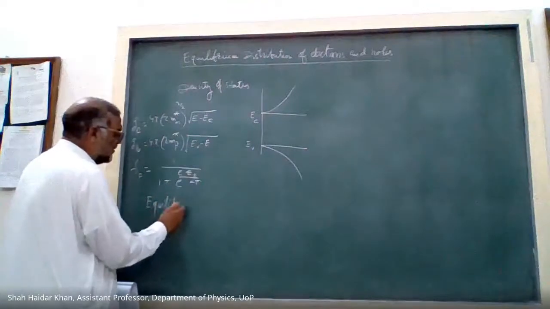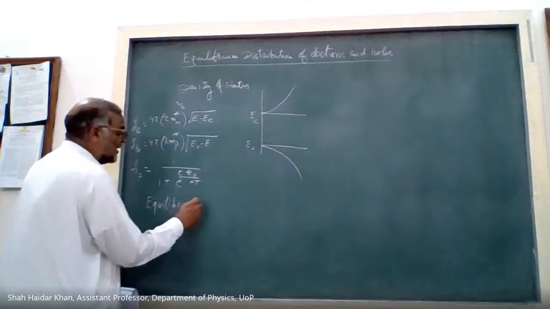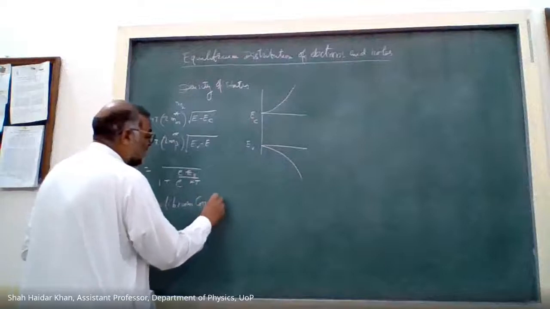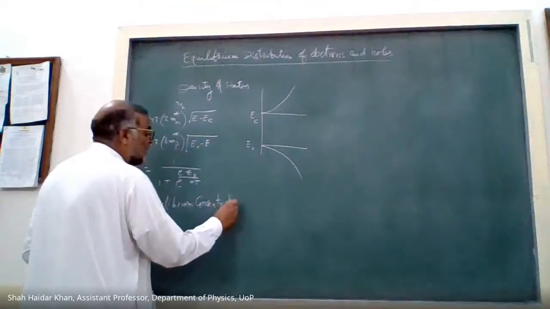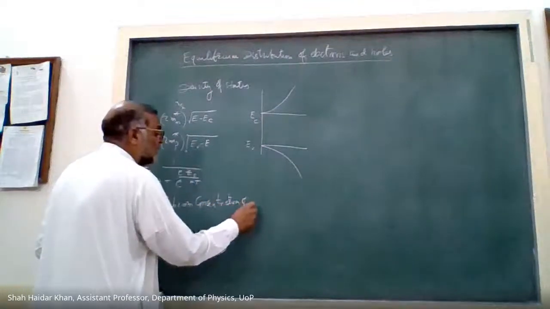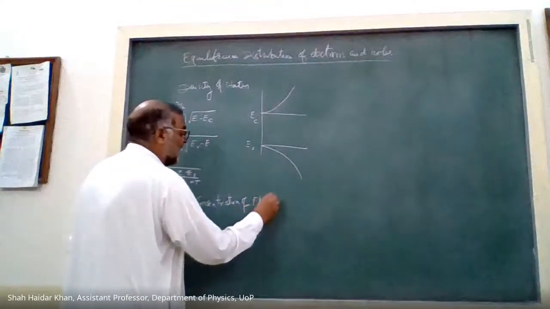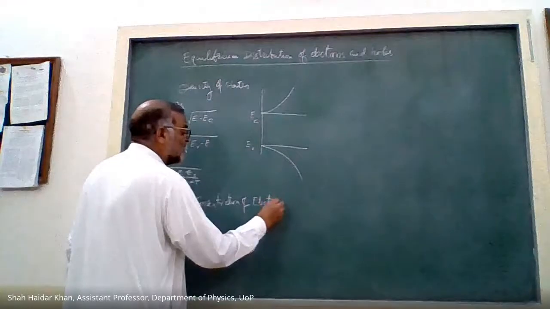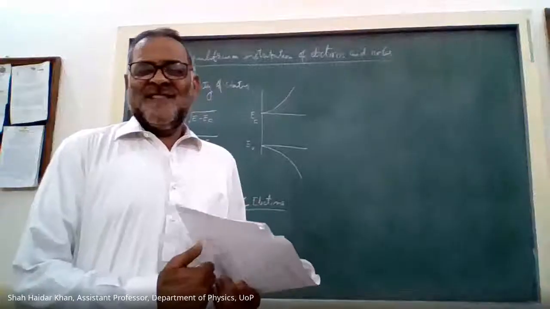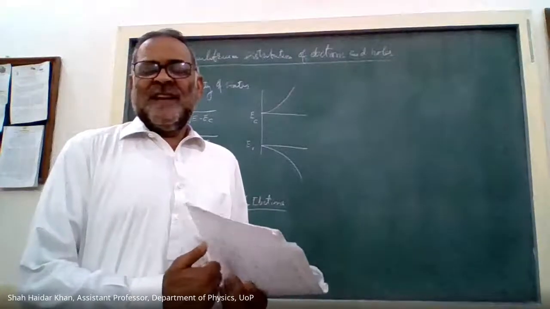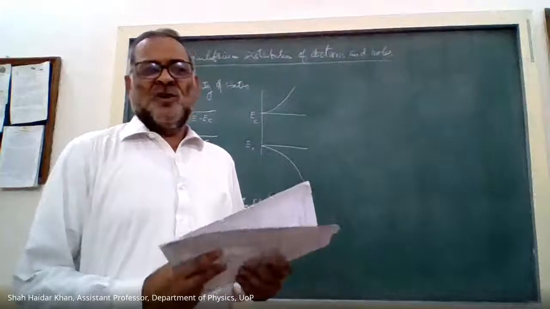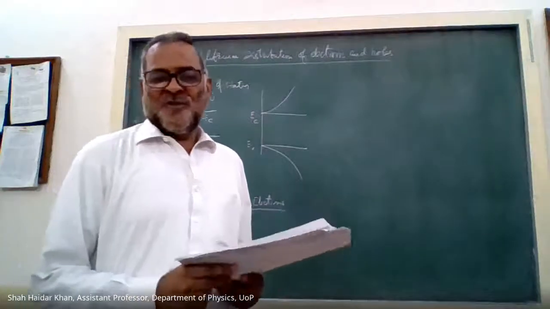So the equilibrium concentration of electrons. Right? How much is the number of electrons per unit volume?